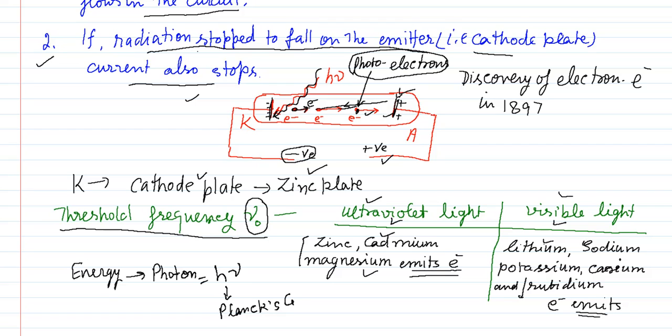So if you have to find the energy of a photon or the incident radiation, you can use this formula: E = h nu. This was just a simple historical overview of the photoelectric effect. In the next section, we will discuss the experimental study of the photoelectric effect.